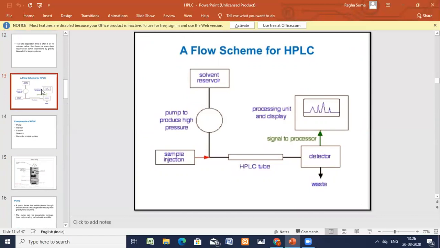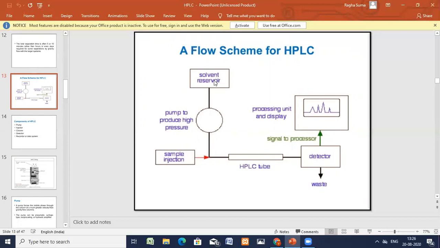From the main components in the block diagram, the pump delivers a constant flow of solvent from the solvent reservoir at a pressure of up to 500 psi. The inlet pressure of the column is measured with a pressure gauge. After leaving the column, the sample components are sensitized.